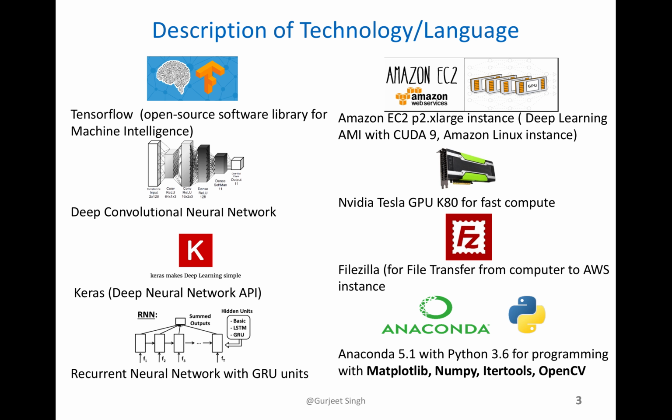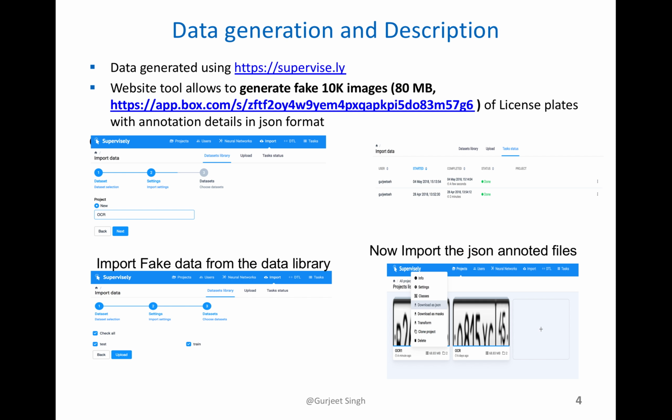And if I have to transfer back from AWS to my local machine, I have used the same FileZilla. This was done in Python 3.6 on Anaconda 5.1. And there are some other libraries like Matplotlib for graphing, NumPy, and OpenCV for the images.